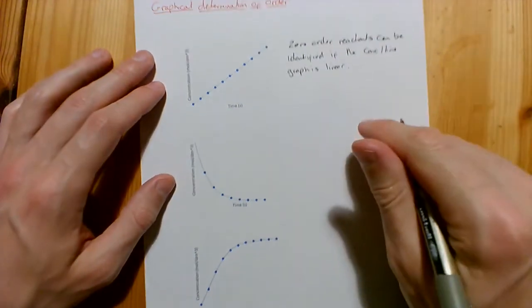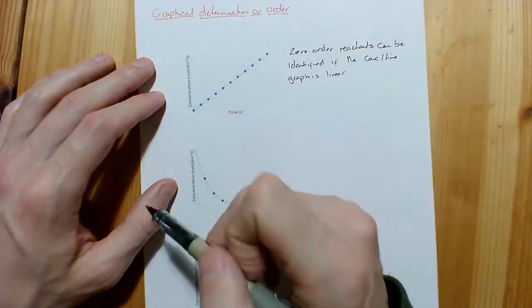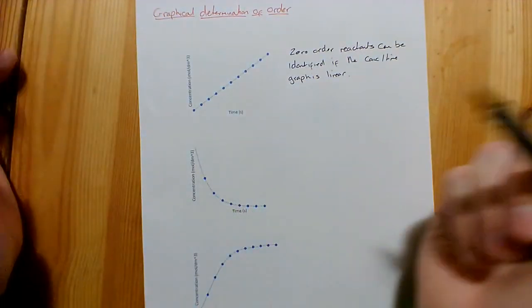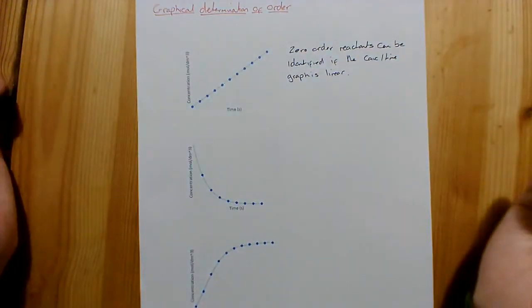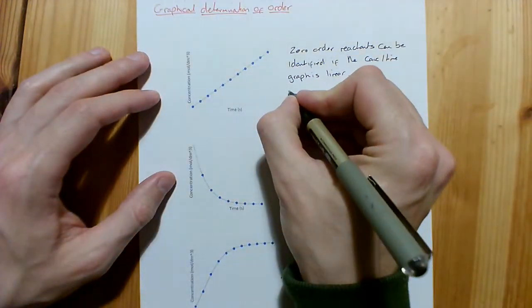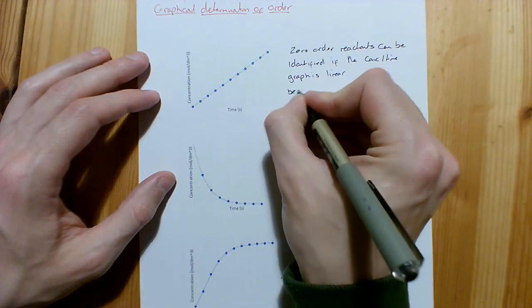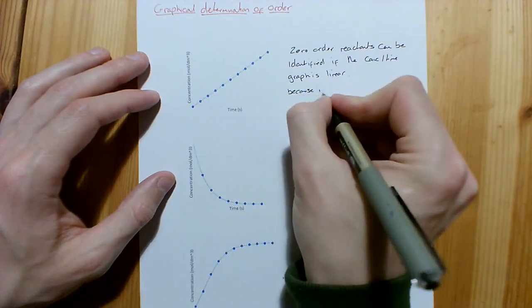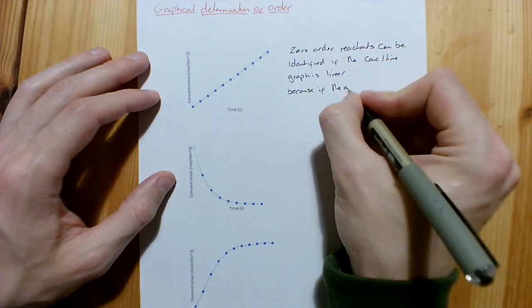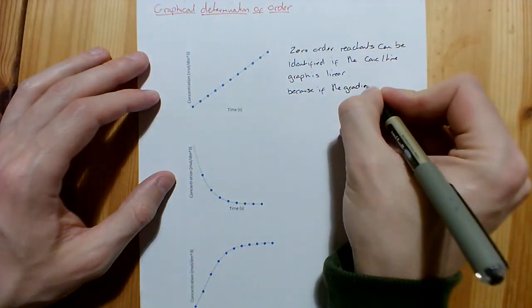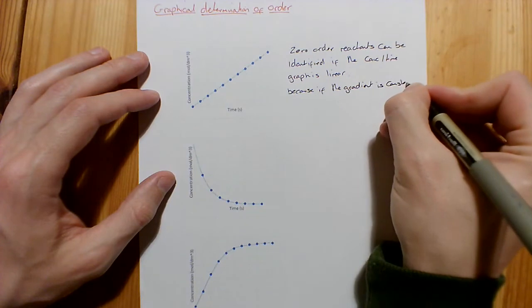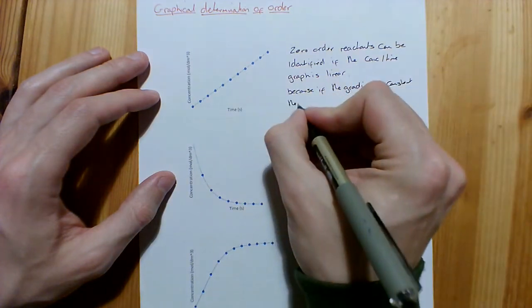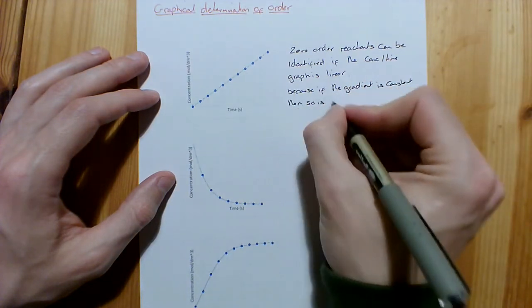Okay, so if we have a linear concentration time graph, then it must be a zero order reactant because the gradient isn't changing, therefore the rate isn't changing. Because if the gradient is constant, then so is rate.